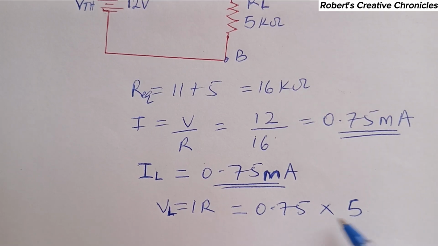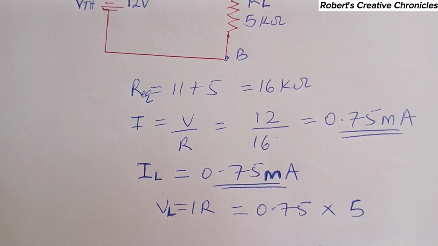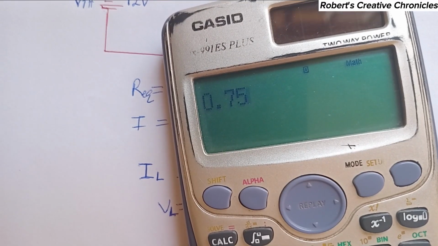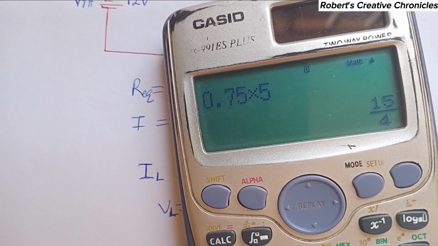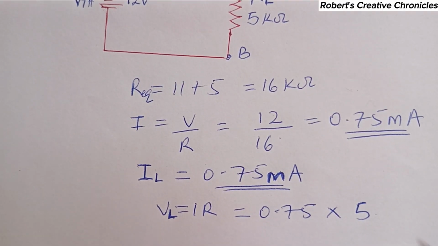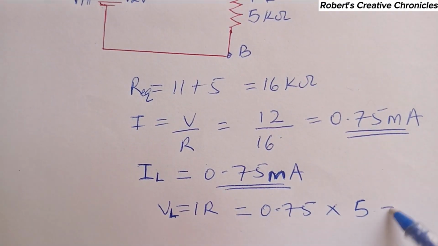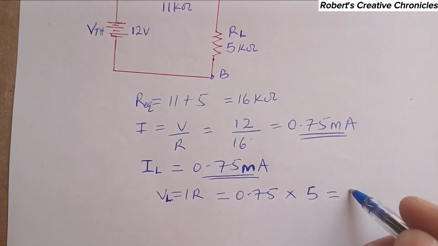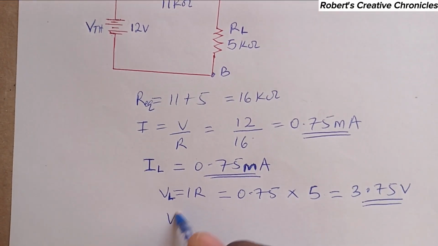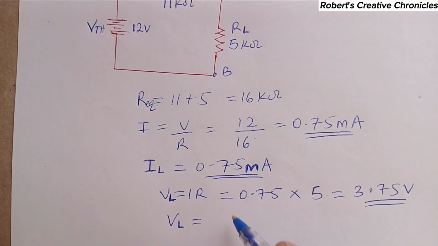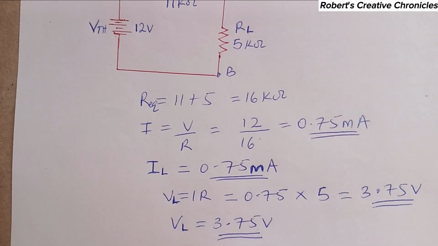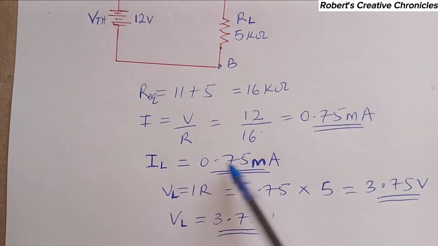They will cancel each other. That is 10 raised to the power of minus 3 times 10 raised to the power of 3. So this becomes 0.75 times 5, which is 3.75 volts. So the voltage across the load resistor, which is 5 kilo ohm, is 3.75 volts, and the current is 0.75 milliampere.